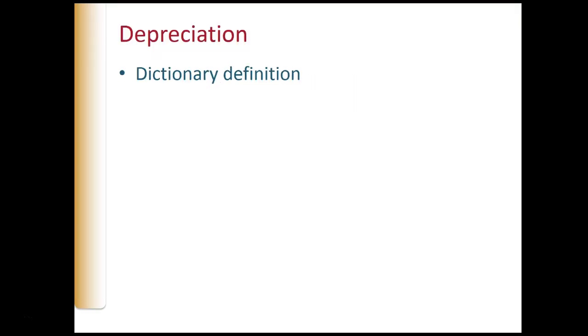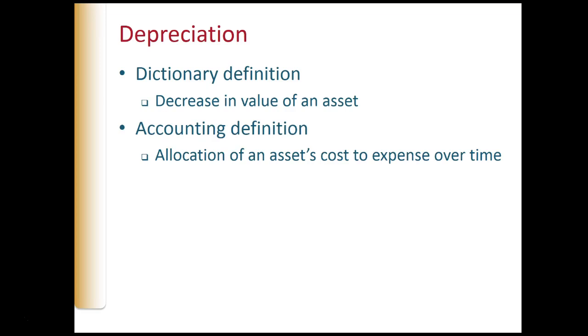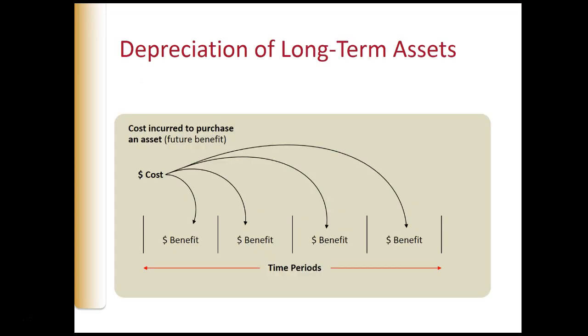Now, the dictionary definition of depreciation is a decrease in value or selling price of an asset, but the accounting definition is an allocation of an asset's cost to an expense over a period of time. Depreciation in accounting is allocating the cost of an asset to an expense over its service life.